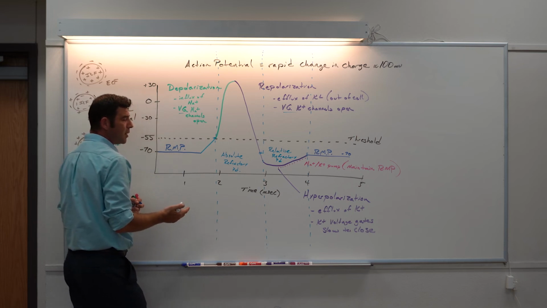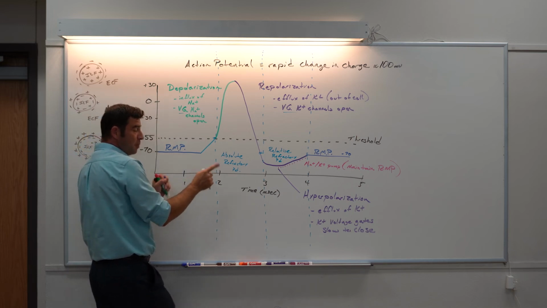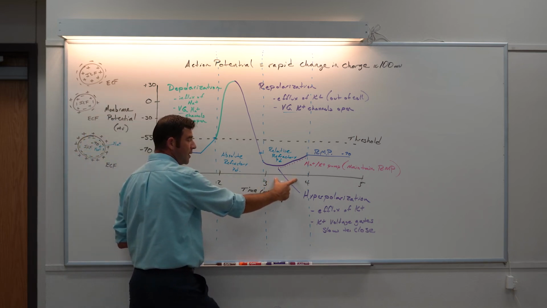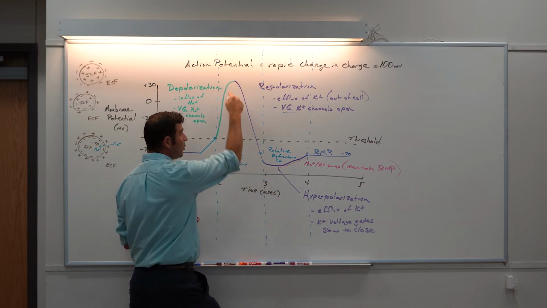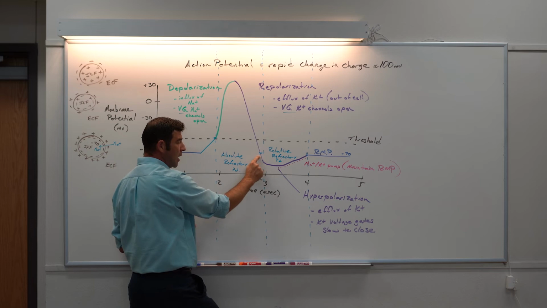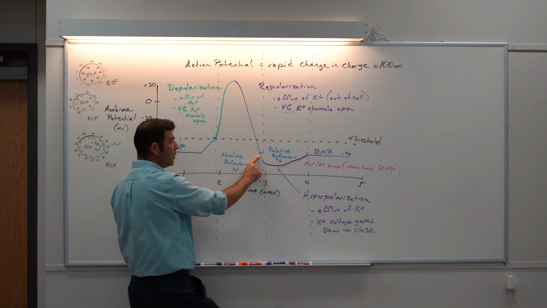In the relative refractory period it's possible for these neurons to send another action potential. Again, we've crossed negative 70 millivolts. We've reset those voltage-gated channels, so they're all ready to go again.